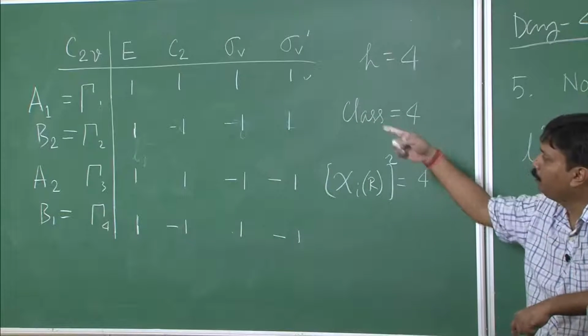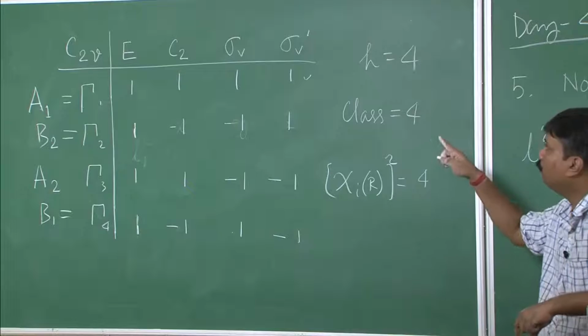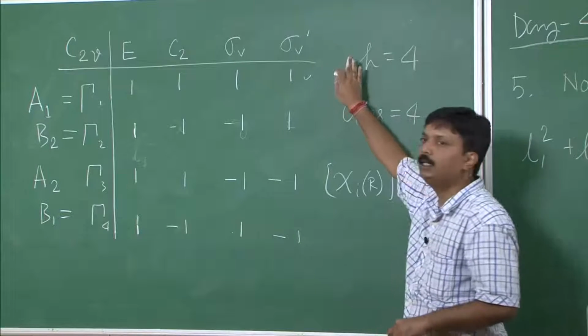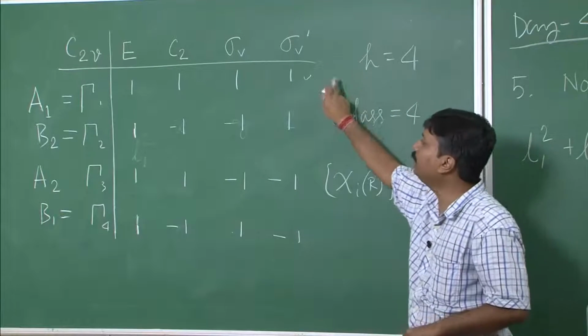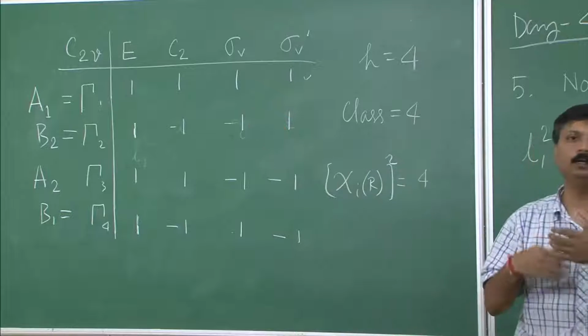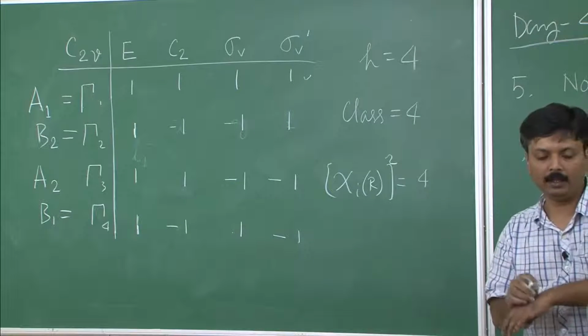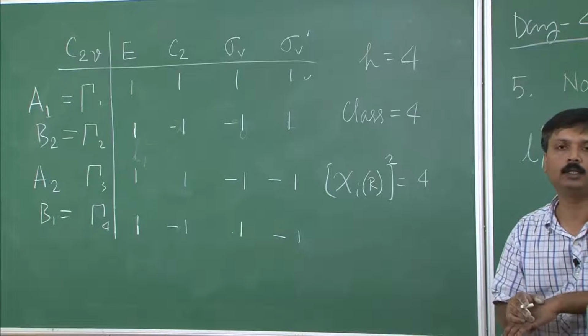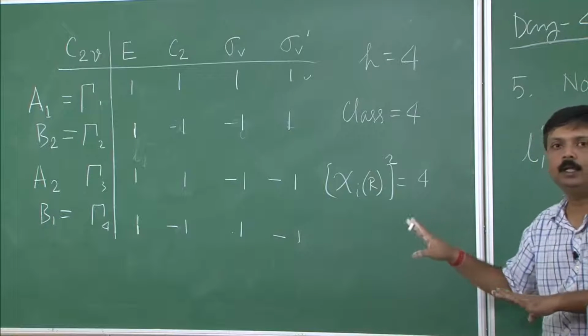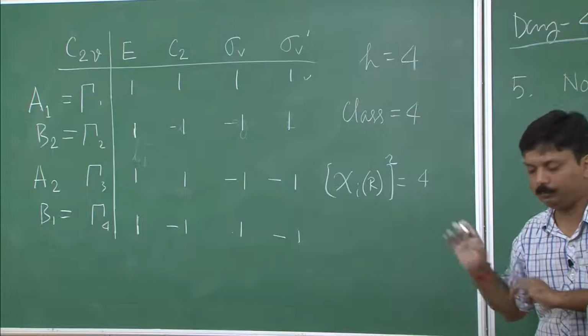Therefore if you go to area 3, you can write z against A1. Similarly, y or x or Rx, Ry, or the other binary combinations of these Cartesian coordinates, you can fill up area 3 and area 4.